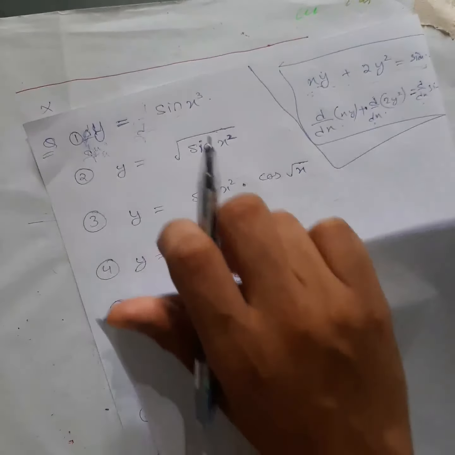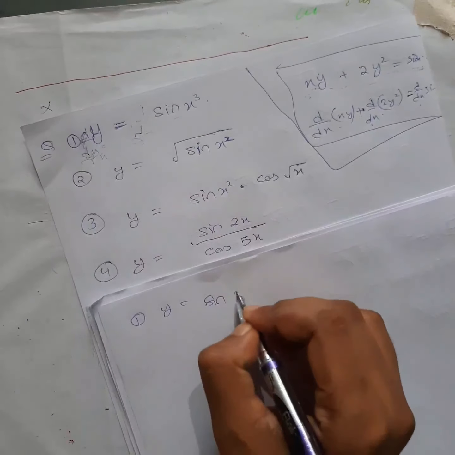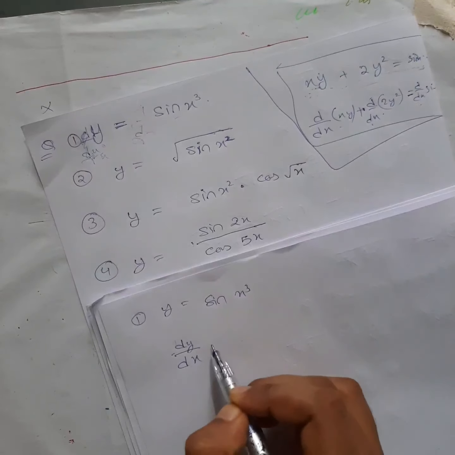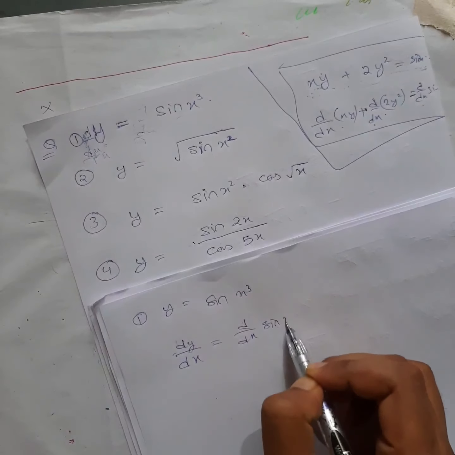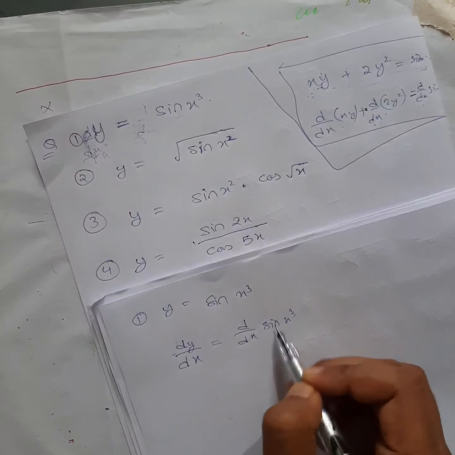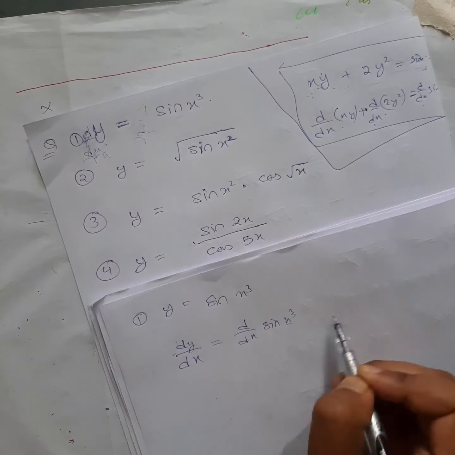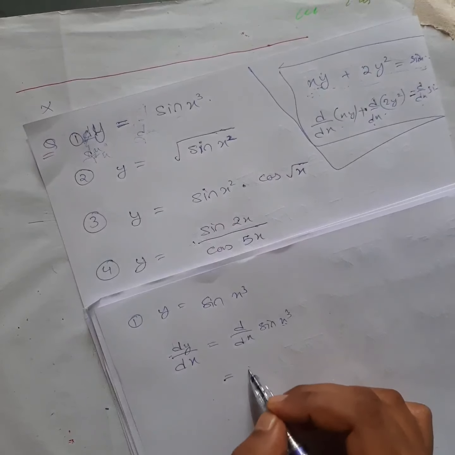Okay, so the next question is y equal to sine x cube. If you differentiate this with respect to x, what you will get? d/dx of sine x cube. It is of the form sine x, right? But in place of x you can see a different thing is there, so you have to differentiate that also. Sine x, what was the differentiation?